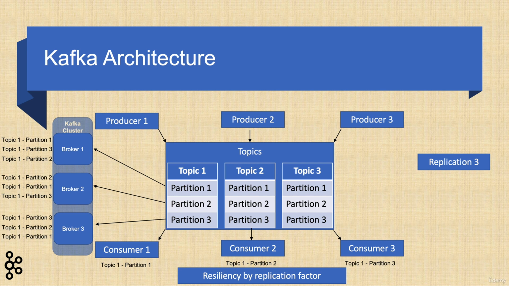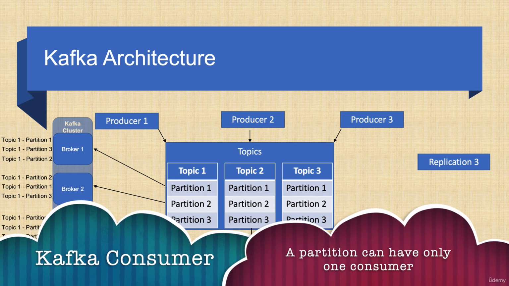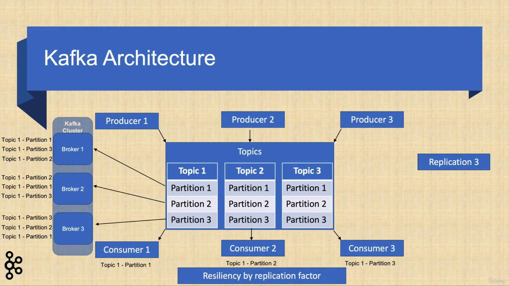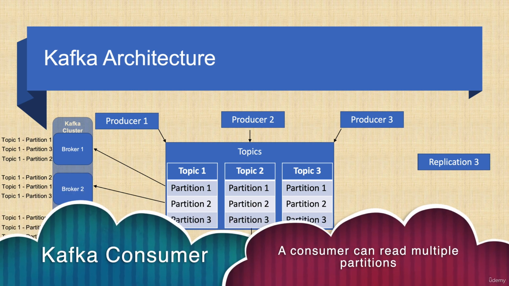For example, in this system, considering topic 1, partition 1 could be assigned to consumer 1, then partition 2 to consumer 2, and partition 3 to consumer 3. It is not possible to read a single partition by multiple consumers. On the other hand, it is possible to read multiple partitions from a single consumer.